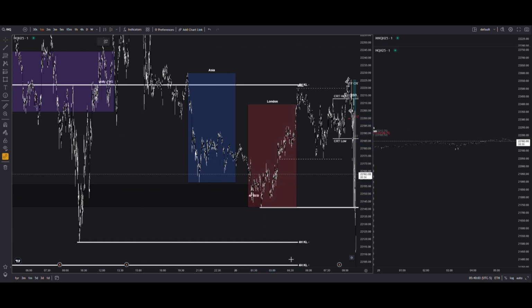Let's have a look at what our checklist here says. Or not our checklist, but our little graph.